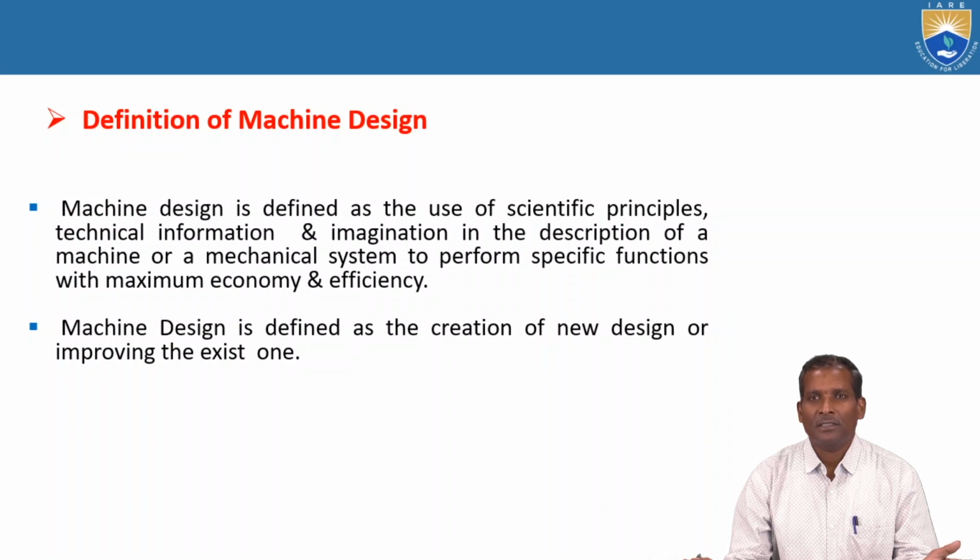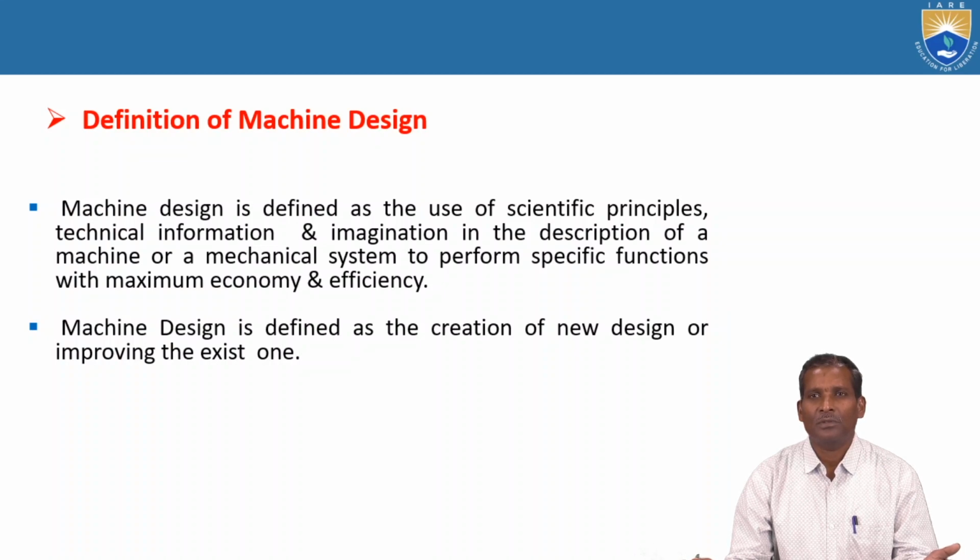Machine design is defined as the use of scientific principles, technical information and imagination in the description of a machine. Suppose we want to design a new product, a new machine.